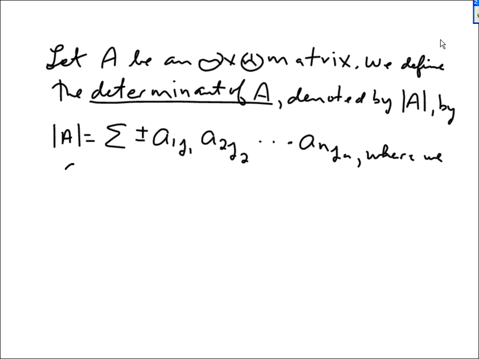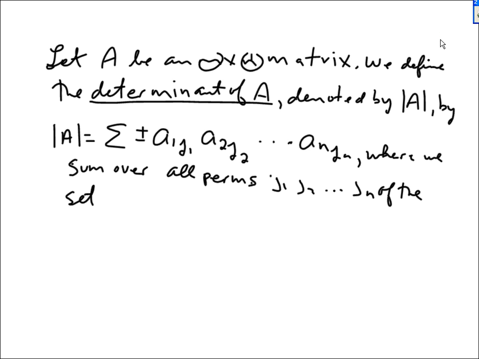Where we sum over all permutations j1, j2 up to jn of the set 1 through n.